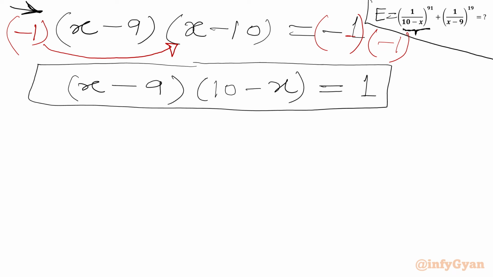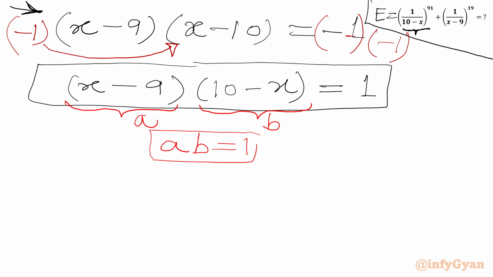Now we are going to assume our substitution. Let us say x − 9 equal to a and 10 − x equal to b. So our first equation would be a times b equal to 1. Now we will focus on the required expression first.